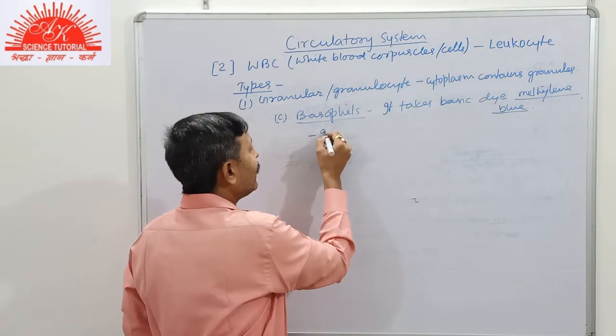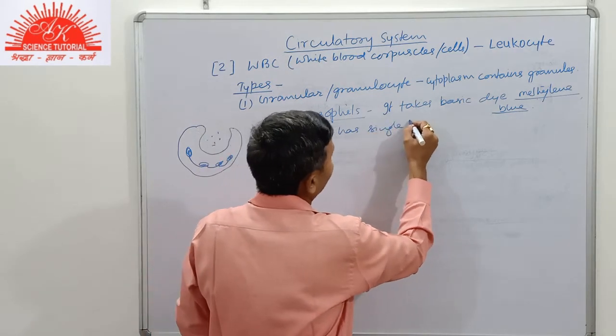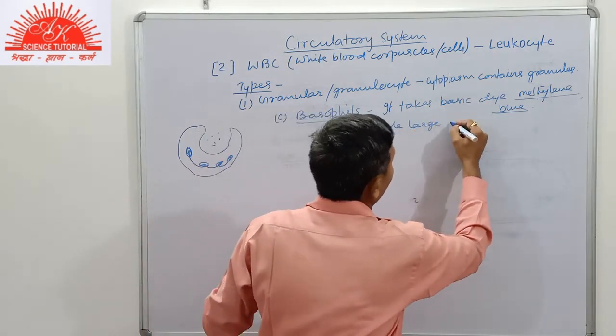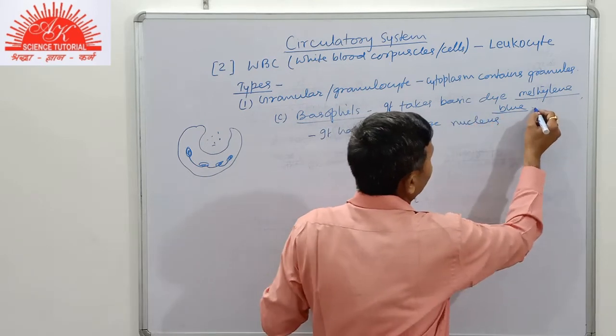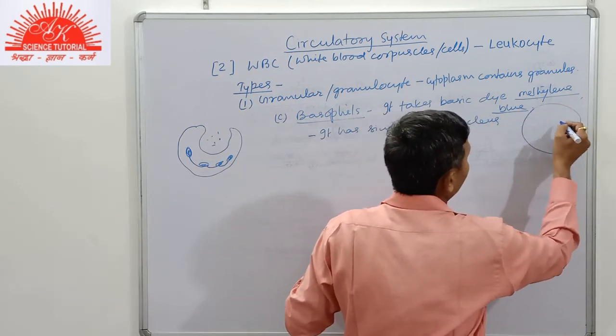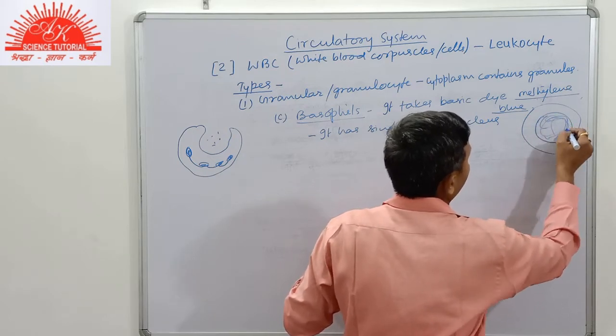Now it has single large nucleus like this. Suppose here is the WBC, then here will be the single large nucleus.